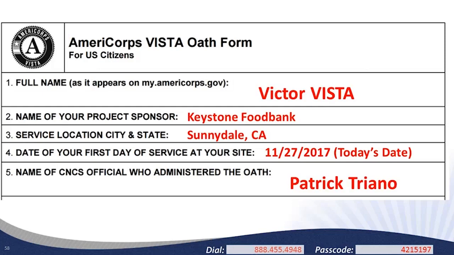Make sense? There should be like 5 lines at the top of your oath form. Do you see where it says name of official who administered the oath? Oh, I don't know. There's nothing like that here, no.